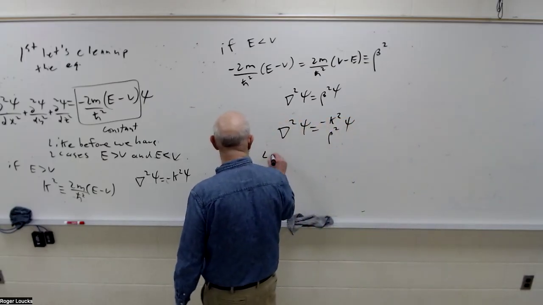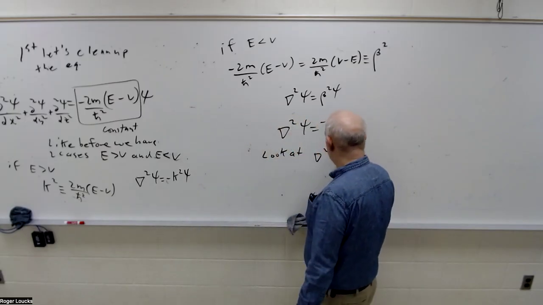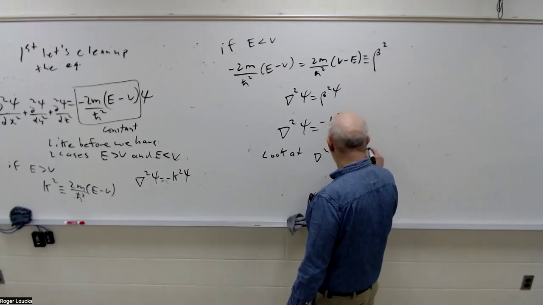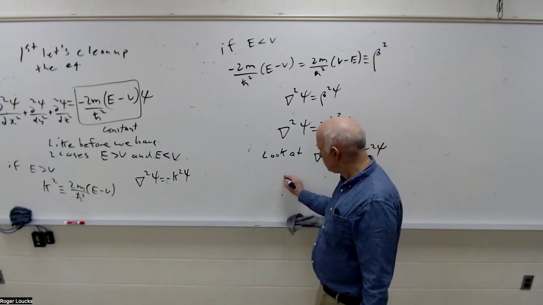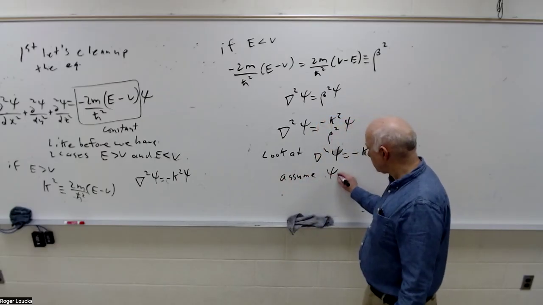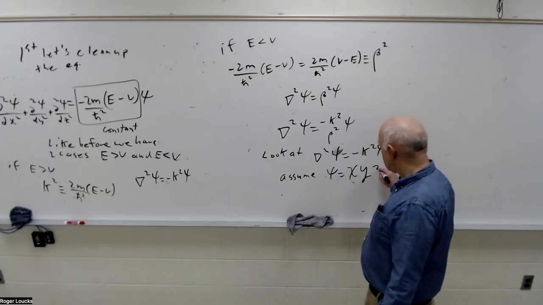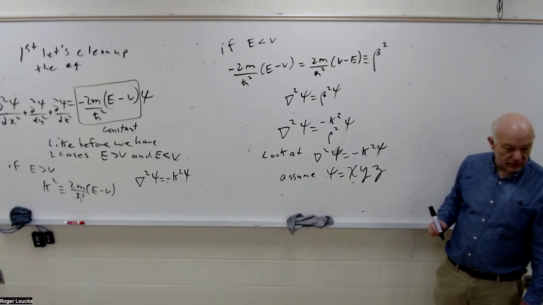So look at this. We're going to assume psi is this chi, y, and z. And I'm going to write it like this because it's a lot easier than putting down the functional dependence.